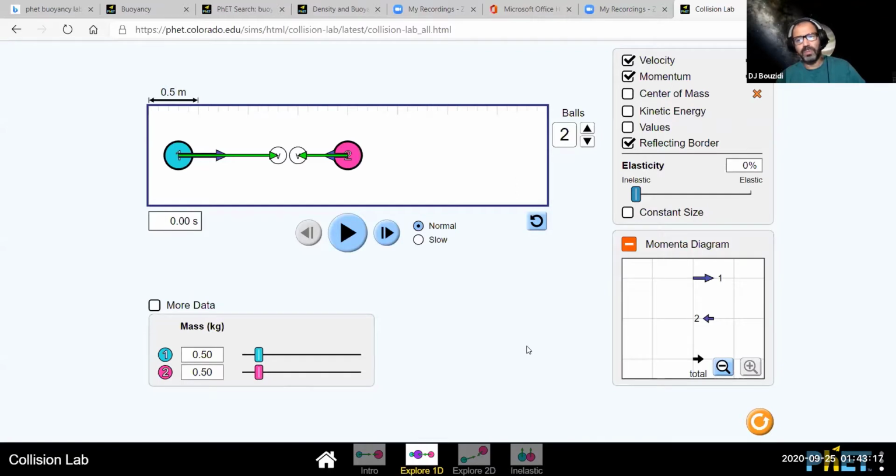Now, which one has more momentum? You can see it from this diagram. It's clearly now mass 1, okay? Because it has more velocity now. Albeit they both have the same masses, so that should be easy. A lot of these questions you should not really have difficulty with. And if you do, please let me know, okay?